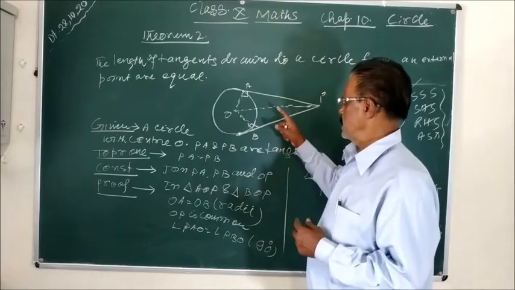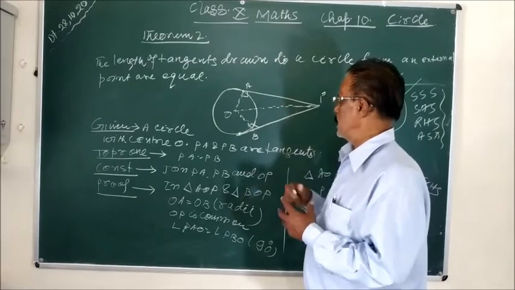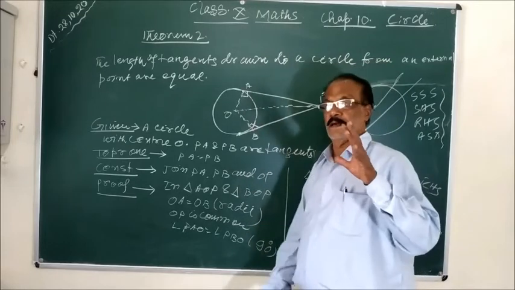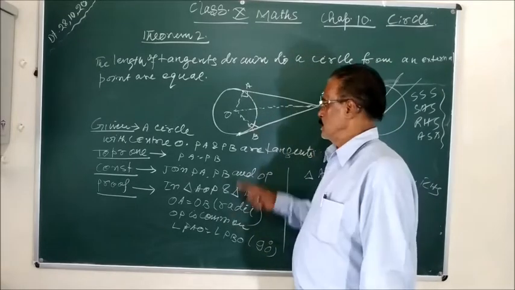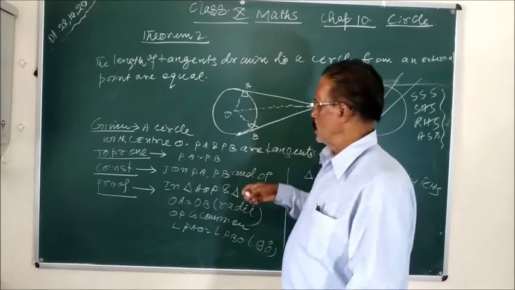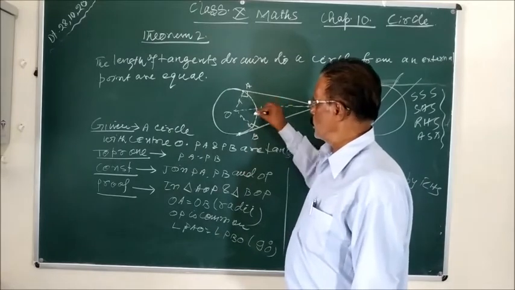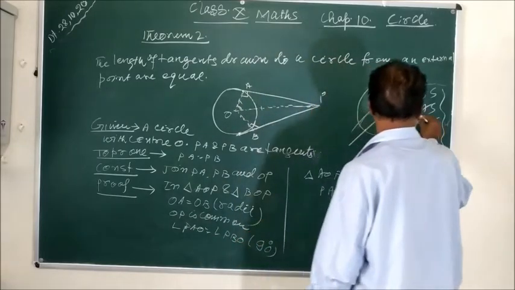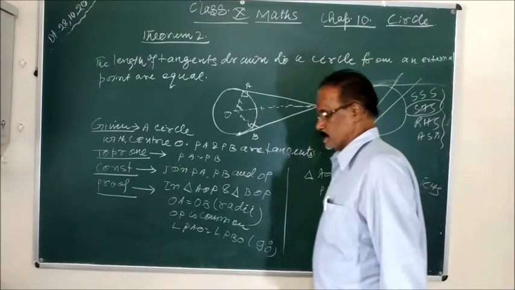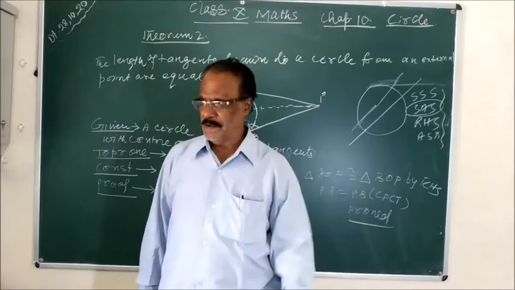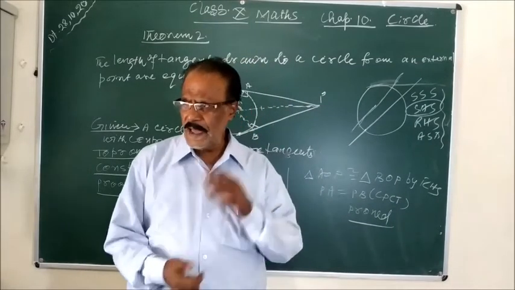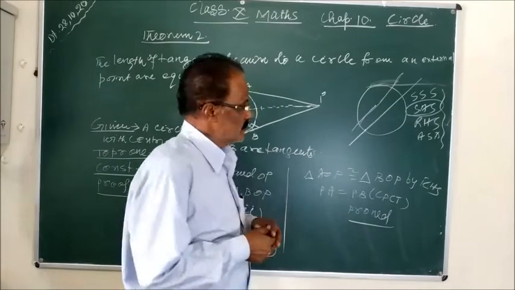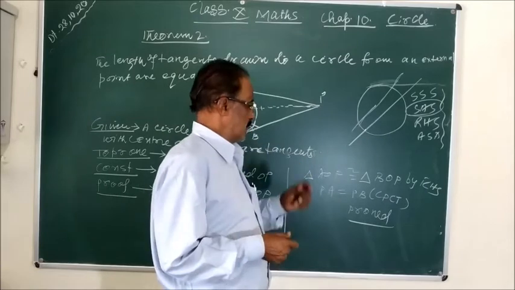So what do you see? In these two triangles we see two sides and one angle, that is a right angle. This is not the SAS theorem because in SAS, the angle between these two sides is the included angle. What is the SAS theorem? If two sides and the included angle, included means the angle formed by these two equal sides. Therefore, the SAS theorem is not applied here.